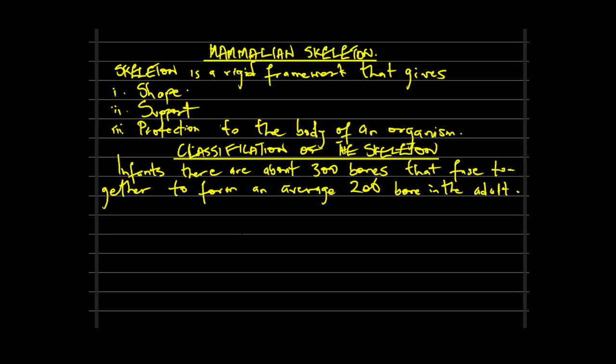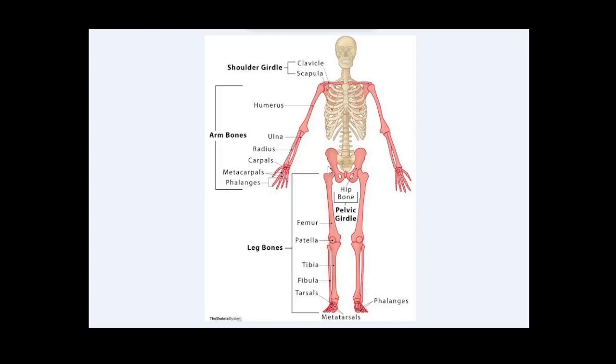As we move further, I will tell you how some of these bones are dispersed across the body. The first classification we'll be looking at is the axial skeleton. But before we go into that, let's quickly see what the mammalian skeleton looks like. Alright, so this is what the mammalian skeleton looks like.